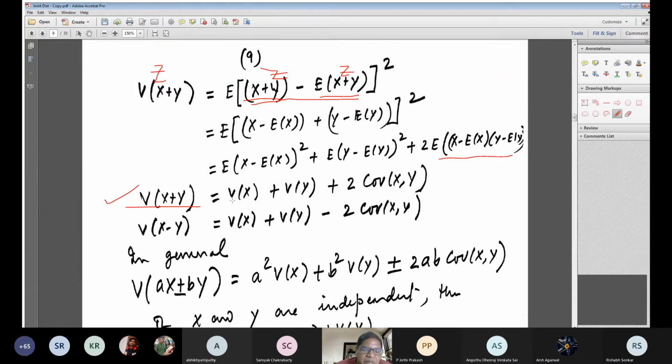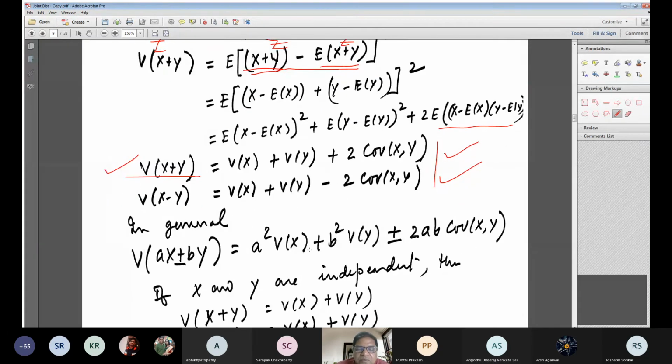Similarly, variance of x minus y is variance of x plus variance of y minus 2 covariance xy. So these are the two important results which we frequently use.